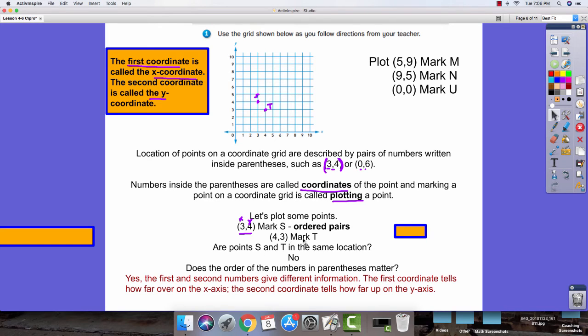For the point T, I had to go over 4 on the x-axis and up only 3. So the order of the numbers in the parentheses definitely matters. Remember, your first number is your x-coordinate, your second number is your y-coordinate. So in the ordered pair 4, 3, the first number was our x-coordinate, the second number was our y-coordinate, okay? Pause the video and get this down in your guided notes. All right, so pause video.